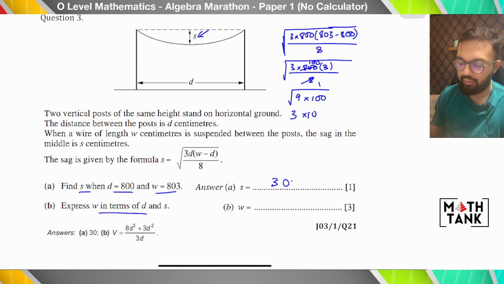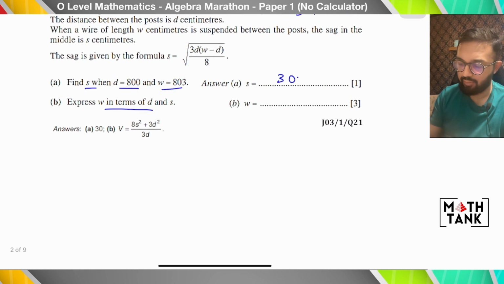Then it says w in terms of d and s. So I need to construct a formula for w. So I'm going to first write this expression, and my objective is to isolate w out of this. So I'm gradually going to remove the things that I can remove. First, I'm going to remove this root because I cannot handle w with the root. So s squared.